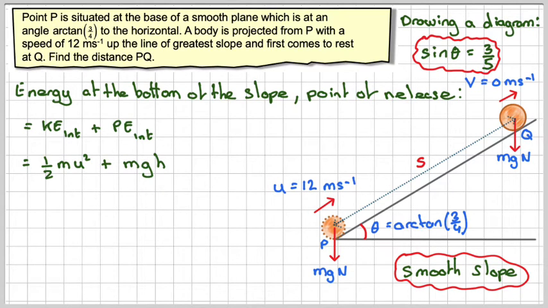The initial kinetic energy will be a half of m, which we don't know, times 12 squared. 12 squared is 144, divided by 2, plus mg times nothing, so this bit here will be nothing. That gives me 72m joules of energy.